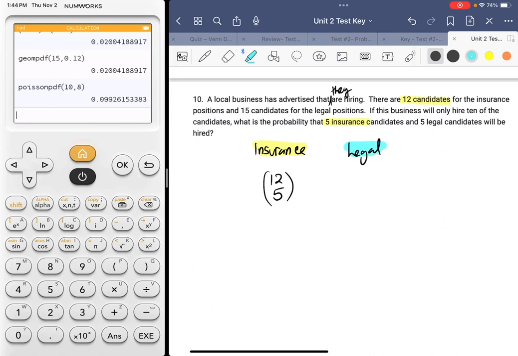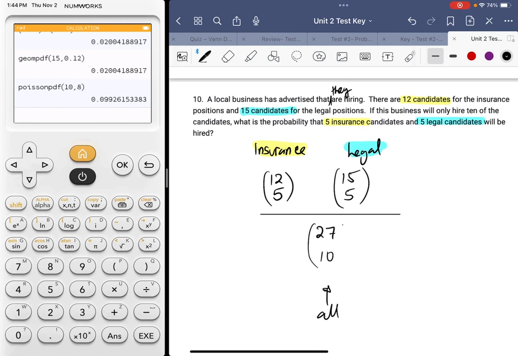For the legal, we have 15 candidates, and they're going to take 5. So 15, 5. And overall, we have 27 candidates. So this is all. And they're hiring 10. So run this through your calculator and you'll have it.